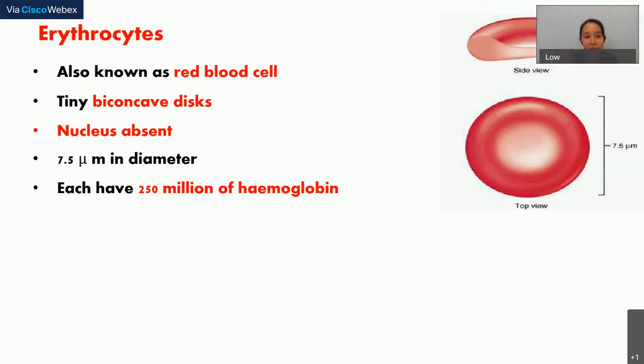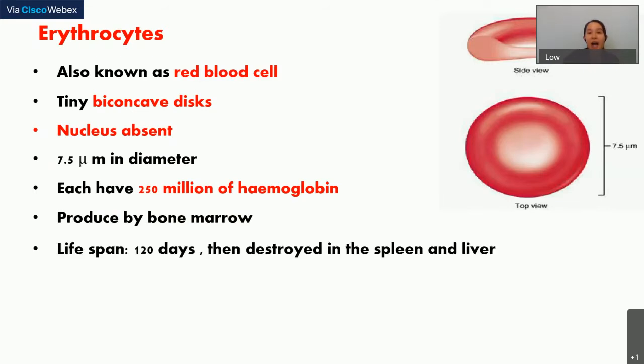Each erythrocyte has 250 million hemoglobin molecules. It is produced by the bone marrow. The lifespan is 120 days. 120 days is about how many months? 4 months. Later on, they will be destroyed in the spleen and liver.